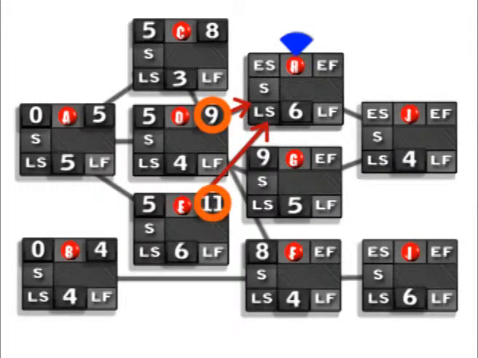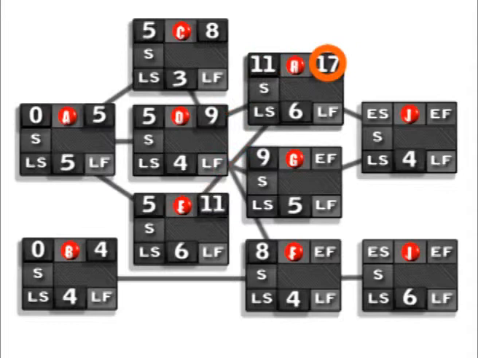We're going to choose the higher of the 2, which is going to be 11. 11 plus 6 is 17, 9 plus 5 is 14, and 8 plus 4 is 12.